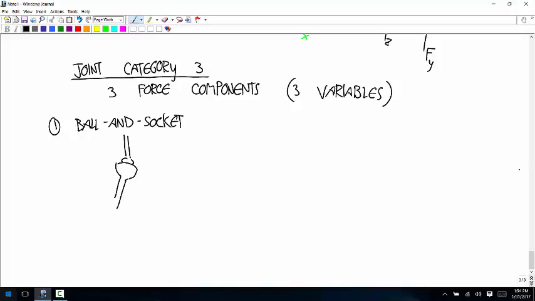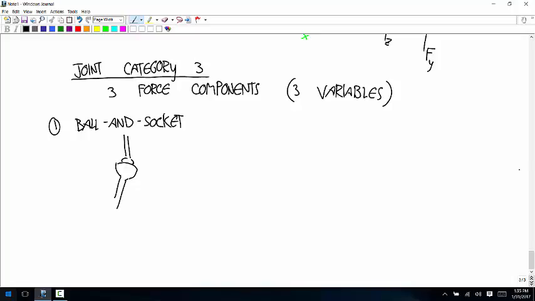That looks something like this. So let me show you a 3D printed one of these. Okay.